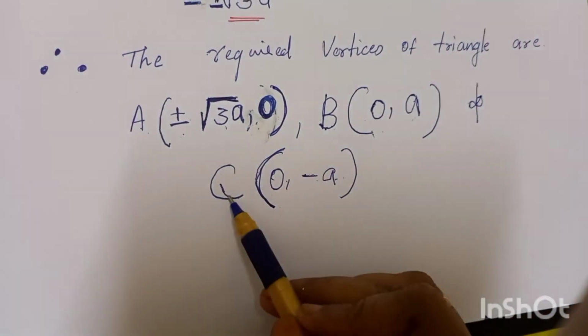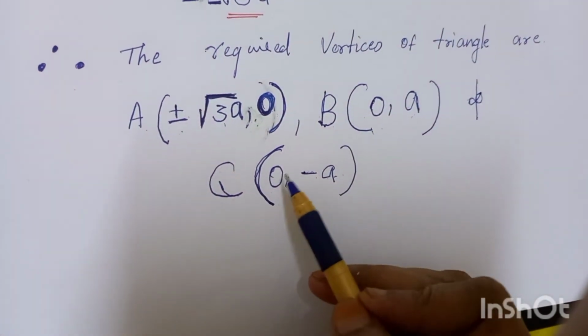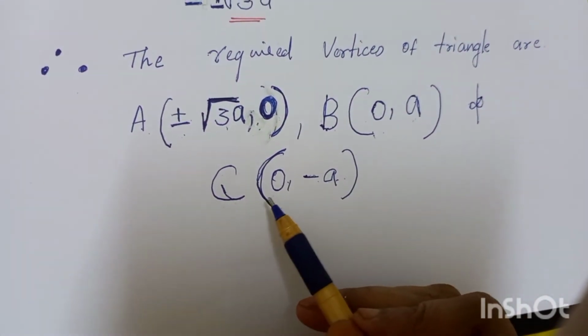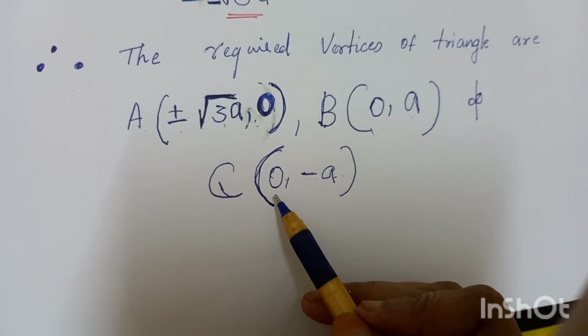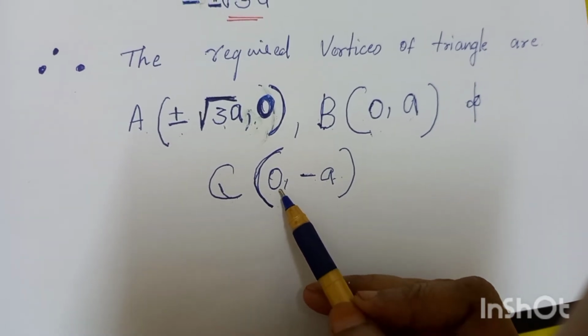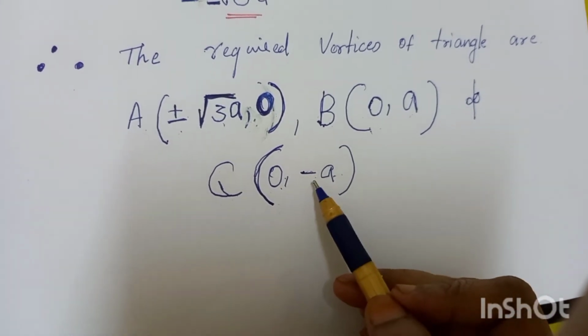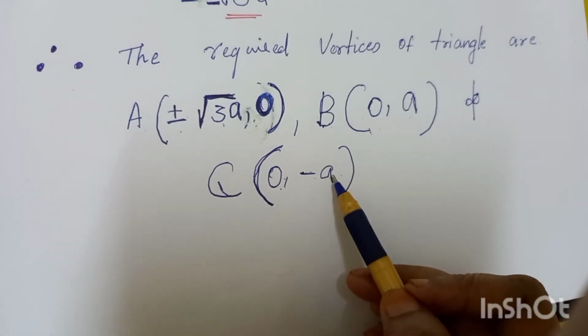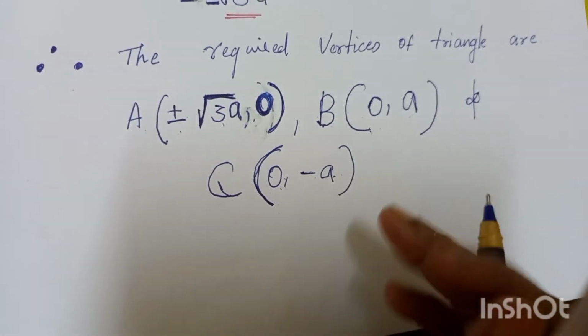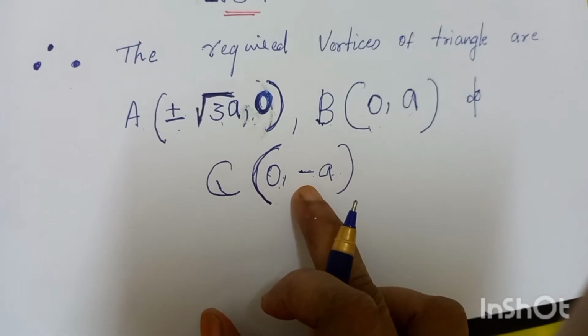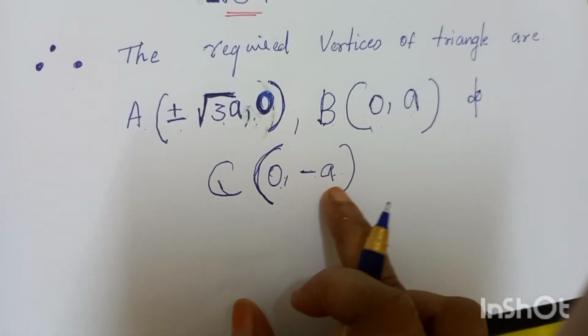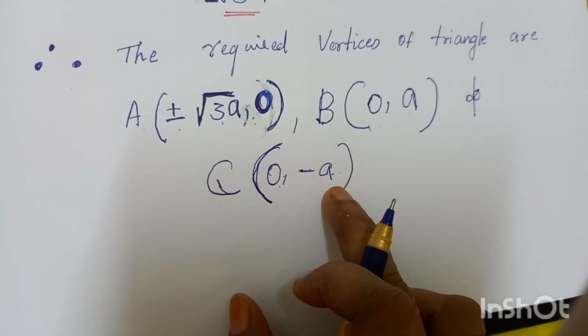And C is (0, minus a), because it lies along the y-axis, and the y-coordinate is minus a because it lies below the x-axis.